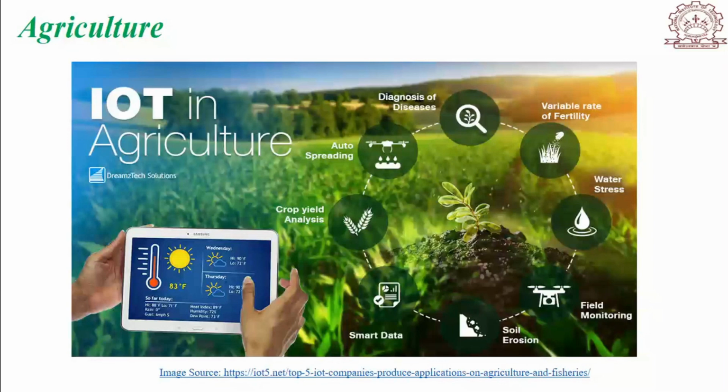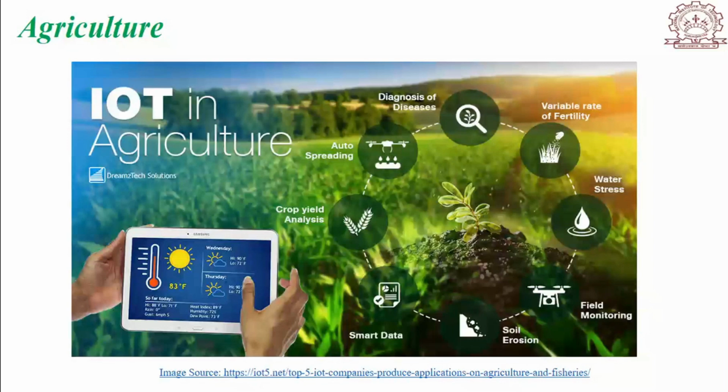Drones are automatically spreading the needed fertilizers. They are also spreading the required medicines, and with sensors, they can closely sense the crops and send pictures of the region where insects are there and there is a need to spread medicines.